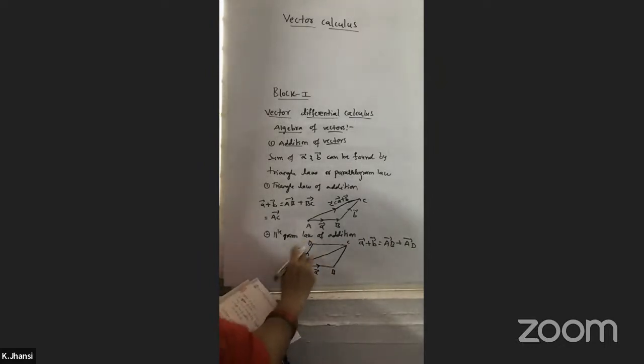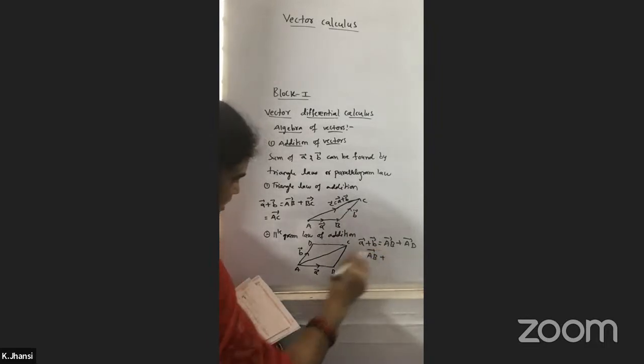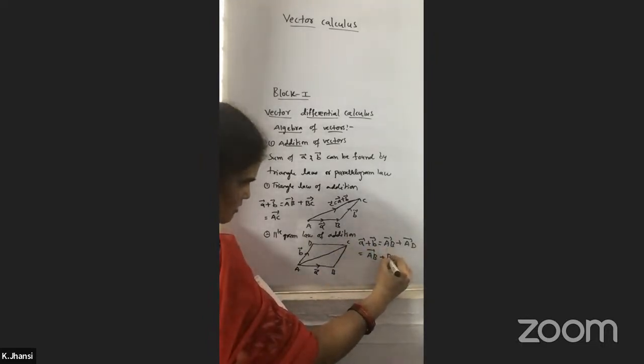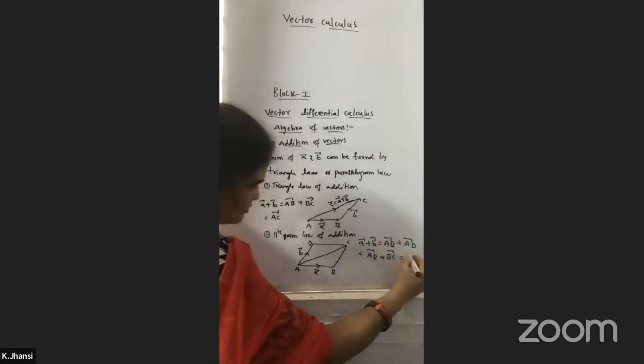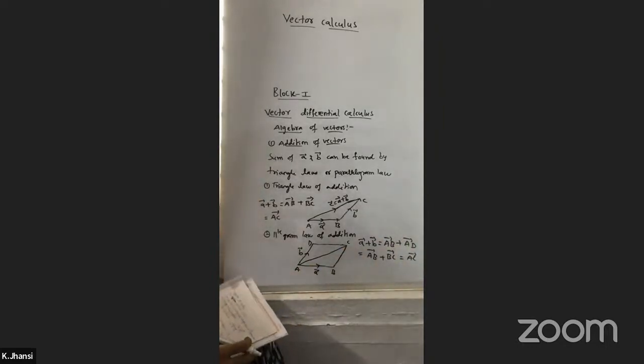This AB and AD equals AB plus, instead of AD, we can write BC also. So AB and BC means it is equal to AC, which is the sum of two vectors.